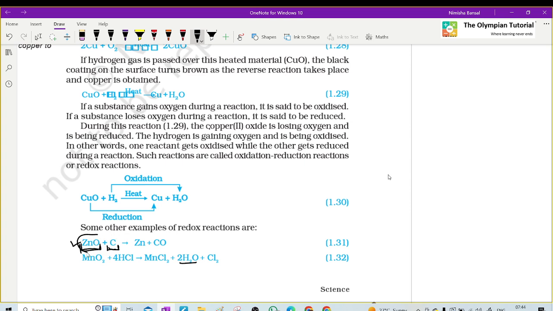So ZnO is being reduced and carbon is being oxidized. Are you okay with it?